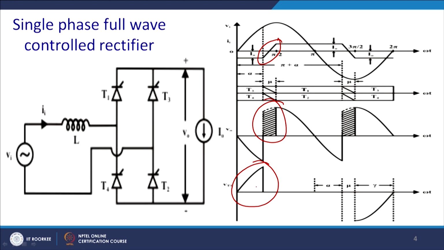So, ultimately this voltage will be 0, but unfortunately in this region mu both thyristors are conducting, and similarly in this region also both the thyristors were conducting.